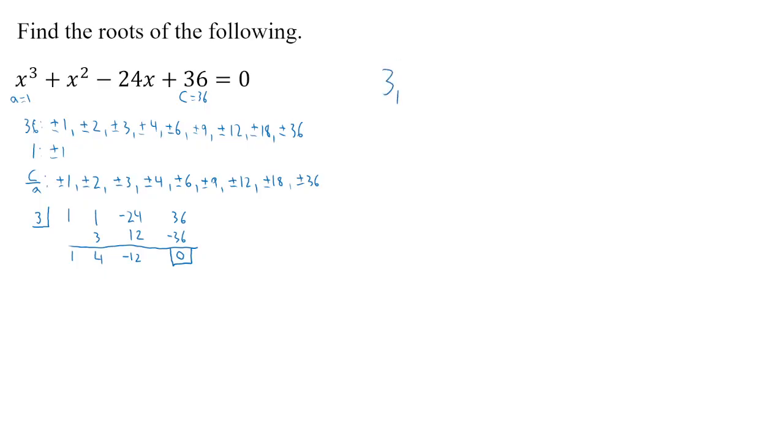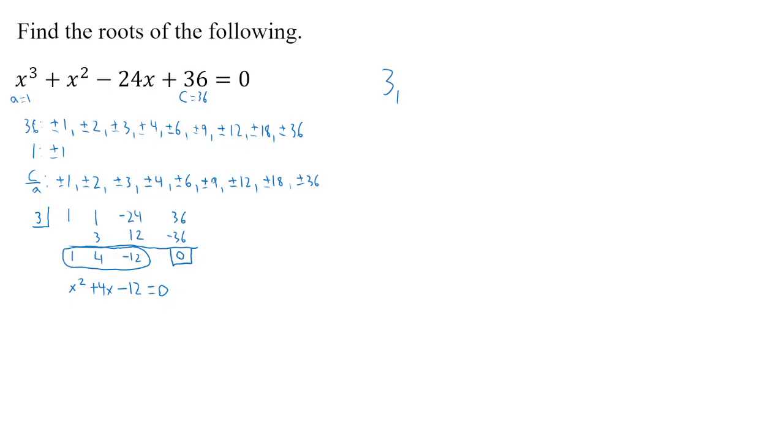So we have the first of 3 roots. So now we got to find the other 2 roots. But here we have 3 numbers. When you have 3 numbers, that means to find the other 2 roots, you just solve x squared plus 4x minus 12 equals 0.